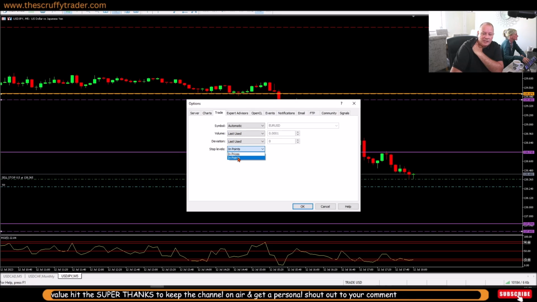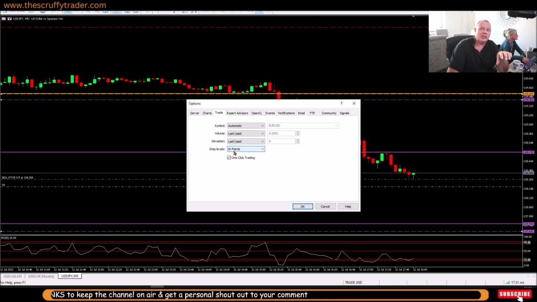And you can either have this in price or points. Set it to points, and that makes putting your target in very easy, just like what I've done by going, right, I want to do 100, which is 10 pips. Now in the Forex market, 100 is equal to about 10 pips. If you're on the indices market, like the DAX, it's 1,000 equals 10 pips, slightly different.